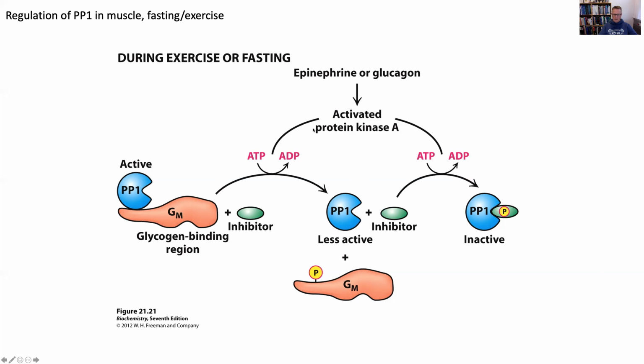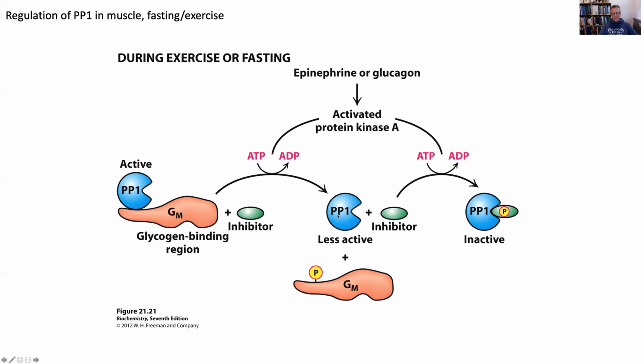PKA, or protein kinase A, can phosphorylate the regulatory subunit of PP1, known as the GM subunit. So once GM becomes phosphorylated, the catalytic part of PP1 will dissociate from the regulatory part and become less active.